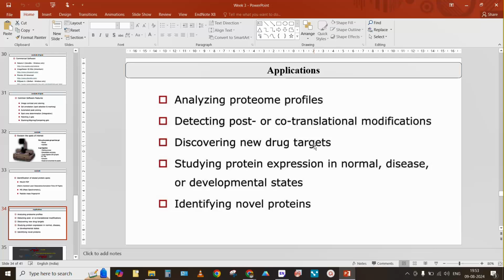Here the study can look at changes in the proteome in response to different functional states, such as during cell differentiation, stress responses, or metabolic changes.